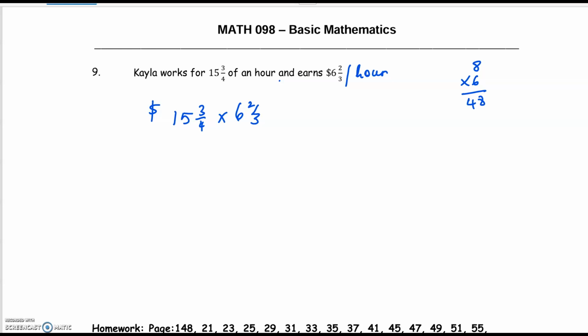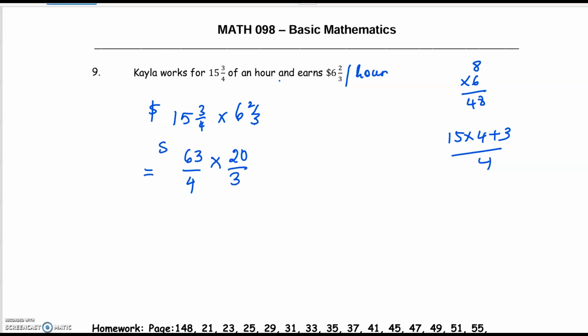15 times 4 is 60 plus 3, 63 over 4. We're changing all the mixed numbers to improper fractions. 6 times 3 is 18 plus 2, 20 over 3.